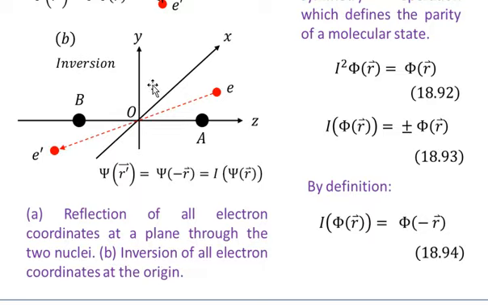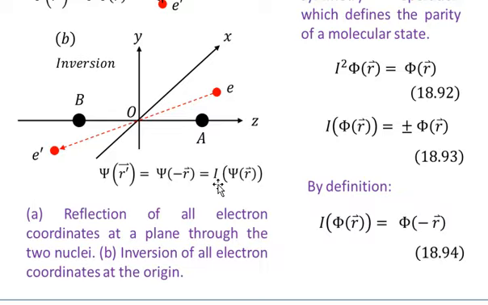So let's see mathematically what will happen. The inversion operator I will operate on the wave function psi of r, and it will produce psi of minus r. This minus r can be represented as r prime, so psi of minus r can be represented as psi of r prime.